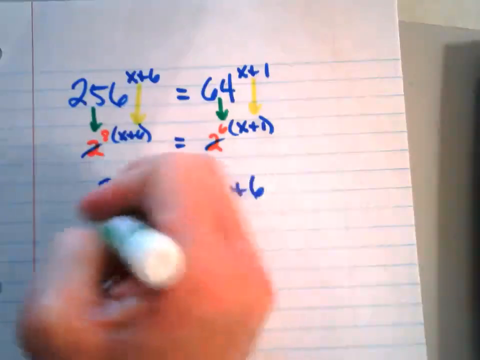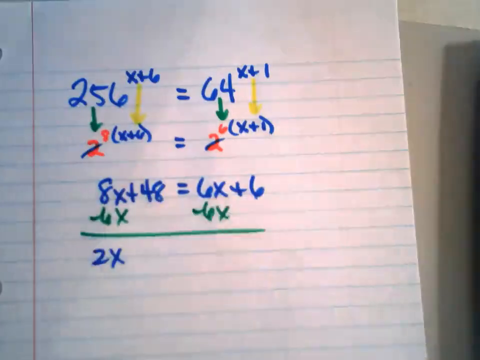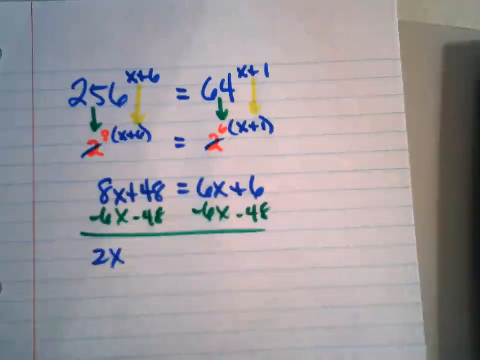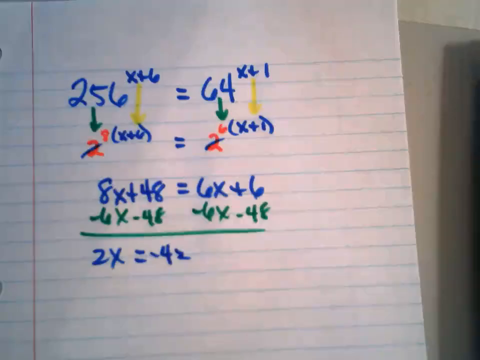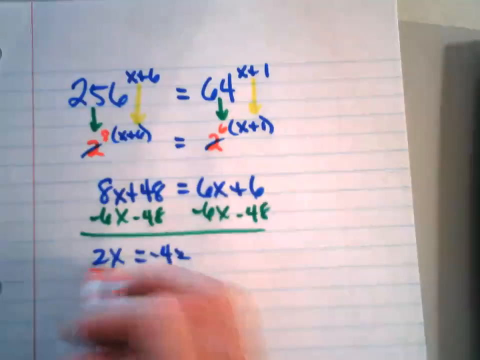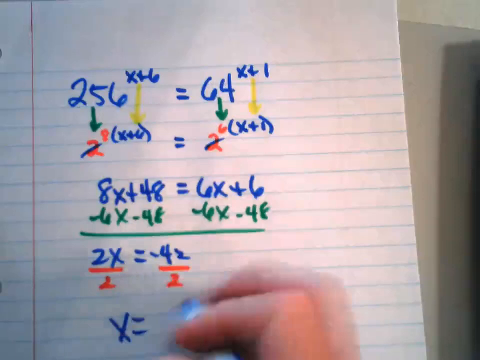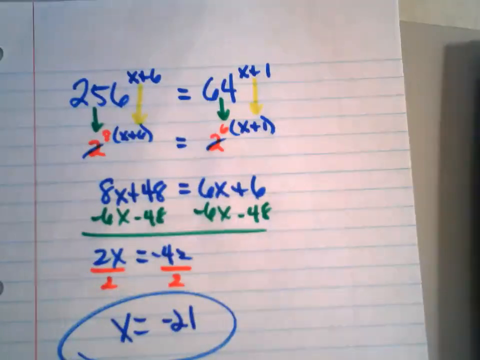Minus 6x, 2x, minus 48 equals negative 42. Divide by 2. x equals negative 21. That finishes that.